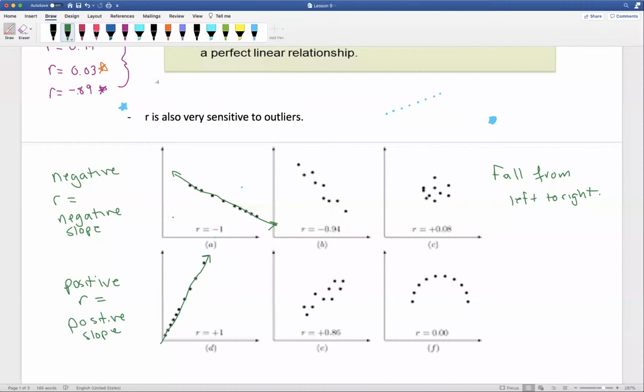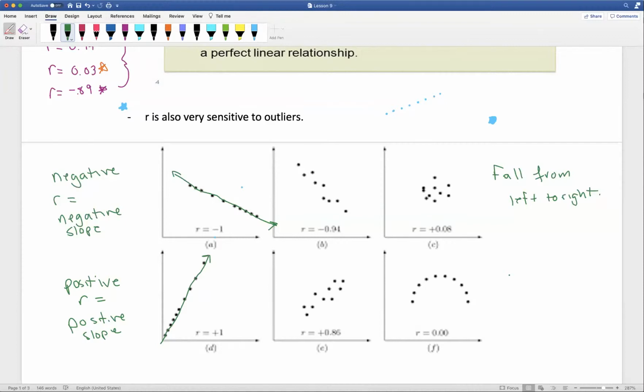Okay, so negative R's just mean a negative slope. Positive R's just means a positive slope. So it's giving us two pieces of information. If your R value is negative, then that means you're going to have a negative slope. If your R value is -1, that means you have exact linear correlation, right? And look, I can draw one line through all of these points here, and it's a negative slope.